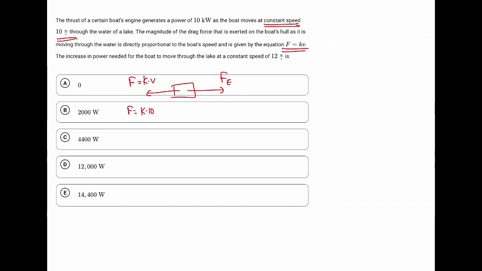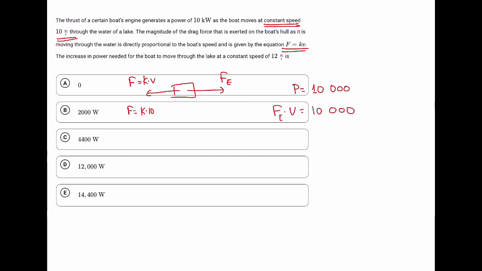Now, what we know is that the power by the force by the engine is 10 kilowatts. So we can say that since the power is 10,000 watts, it means that the energy divided by the time for this force, or the force times the velocity, is equal to 10,000.